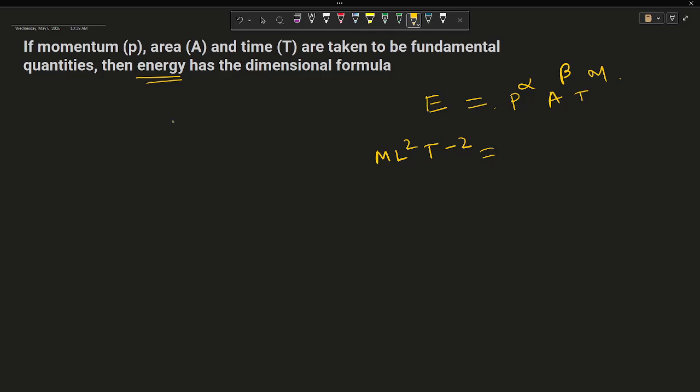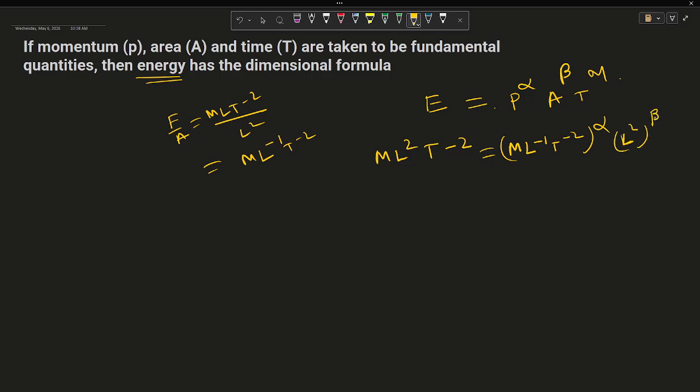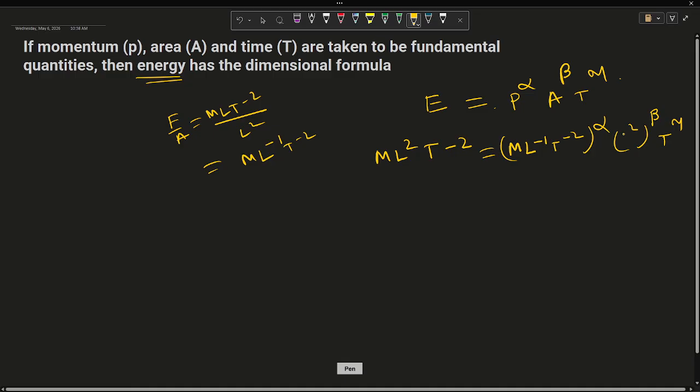Pressure has the dimension of force by area. Force is ml t to the power minus 2, area is l square, so it will be m l to the power minus 1 t to the power minus 2. So we may write m l to the power minus 1 t to the power minus 2 to the power alpha, and area is length square, so it may be written as beta, and t is t, so it is gamma.